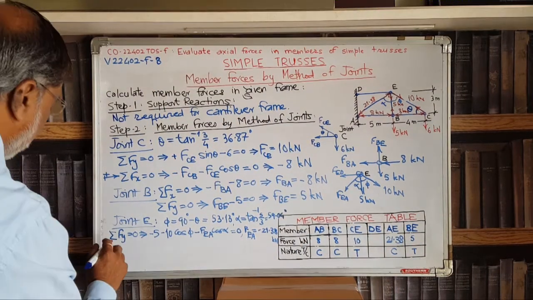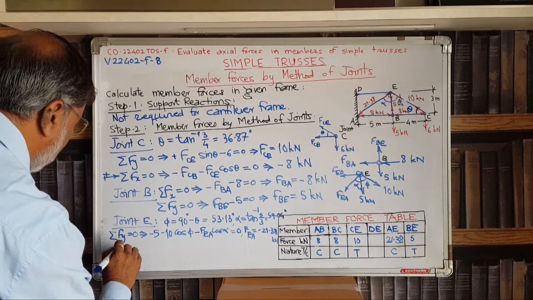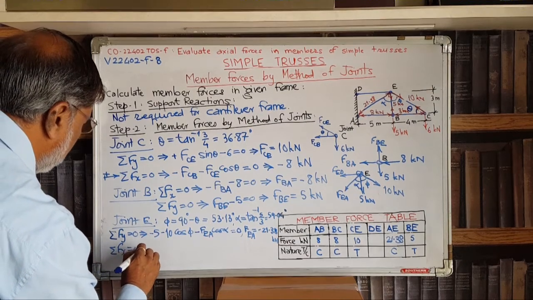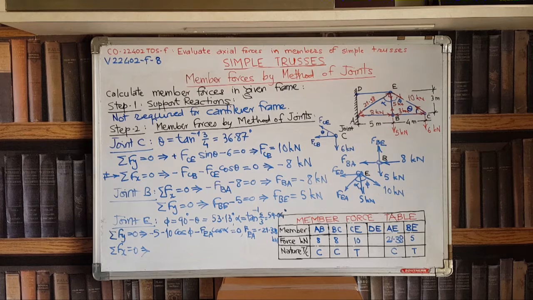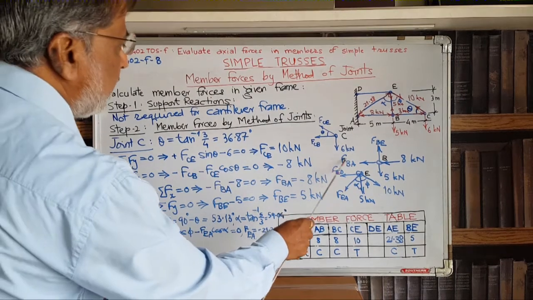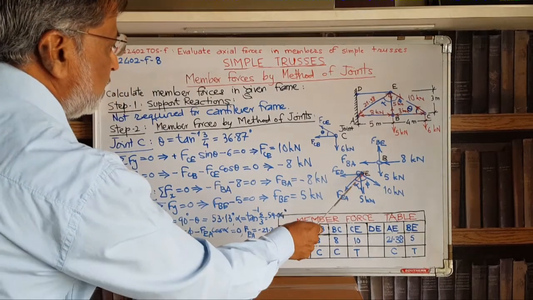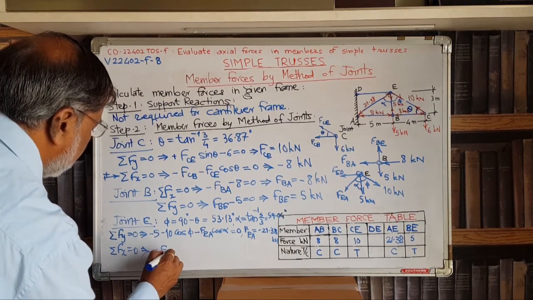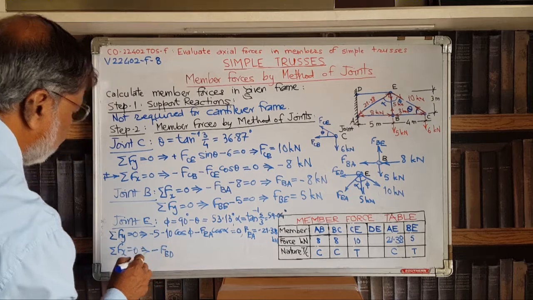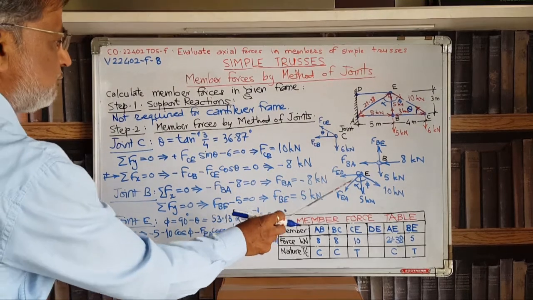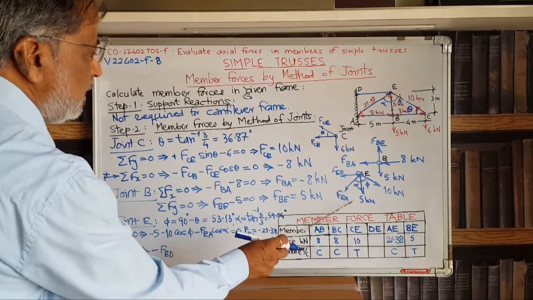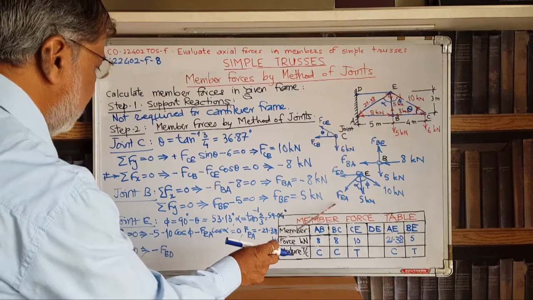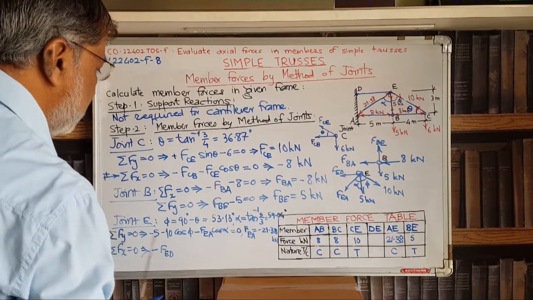Now we will apply sigma Fx equal to 0. Let us apply this condition. Look at this joint E. First one is minus FED. Second is FEA, which is already calculated, minus 21.38.